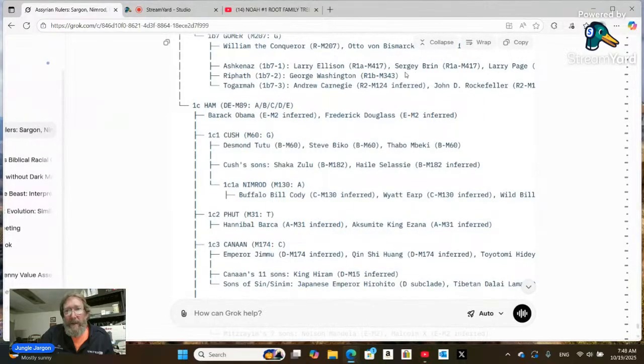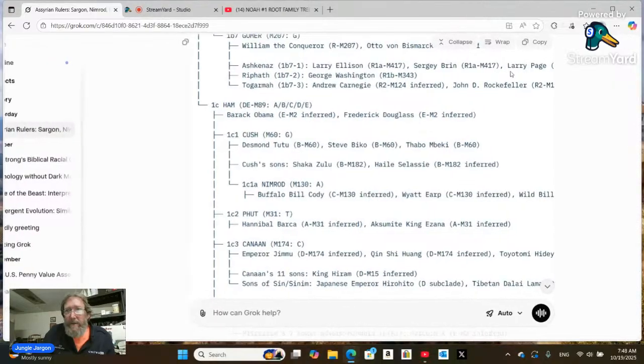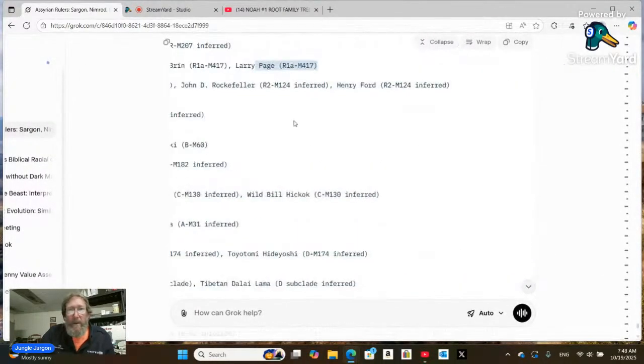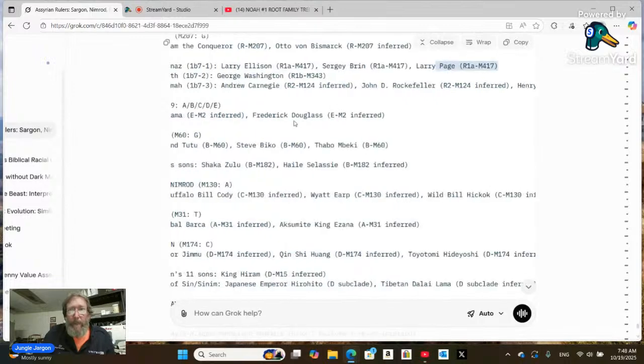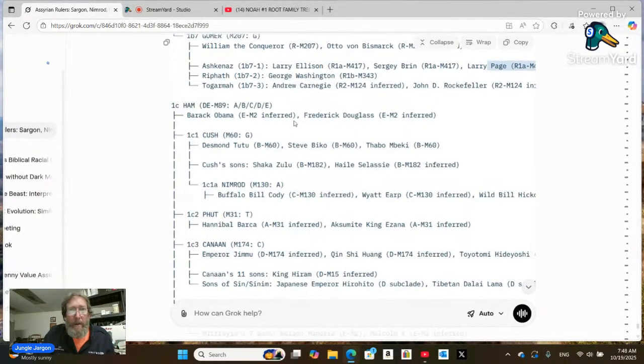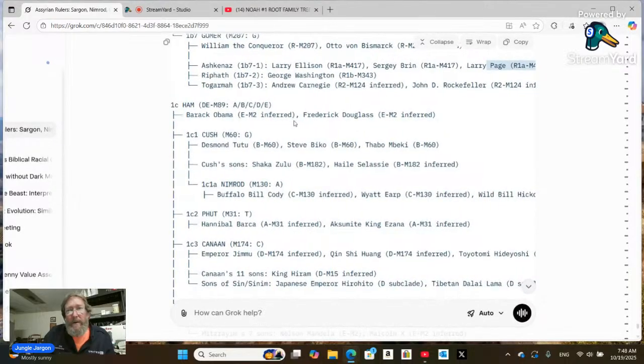So we got Sergey Brin as R1A, Larry Page, here is R1A. And Togarma. Now, this is a surprise to me. You got Andrew Carnegie is R2.